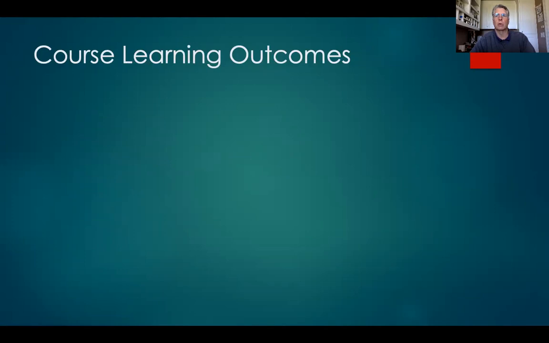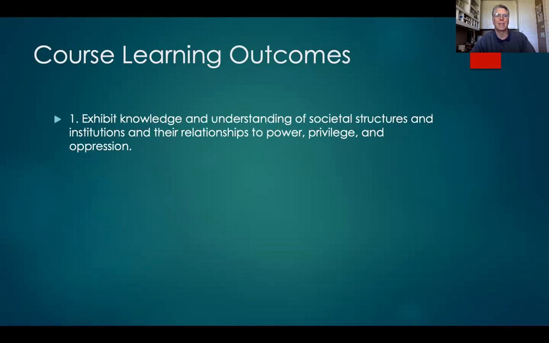As far as course learning outcomes, pretty important, but I'll generally go over these now so we don't have to spend much time in class on the first week. Number 1, exhibit knowledge and understanding of societal structures and institutions. We'll talk about what those are. You don't have to know all this stuff now. And their relationships to power, privilege, and oppression. Okay.